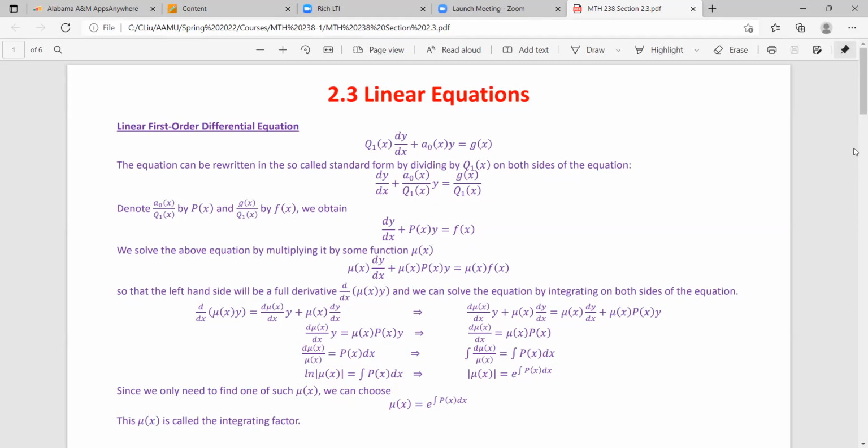So that means this mu p has to be mu prime. If we compare the product rule with the left side of the equation, then we can easily find out that mu prime has to be mu times p, to make it true.